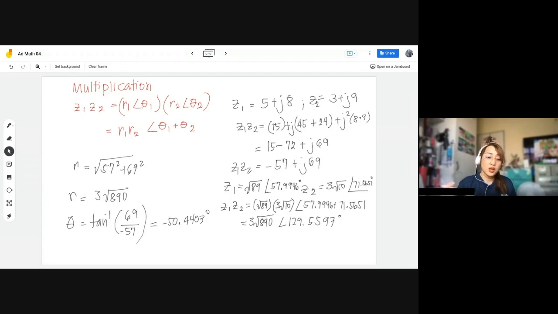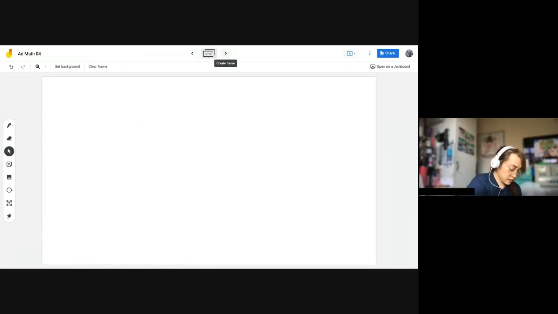Both of them are acceptable: 3 square root of 890, bar angle negative 50.4403 degrees, could also be 129.5597.